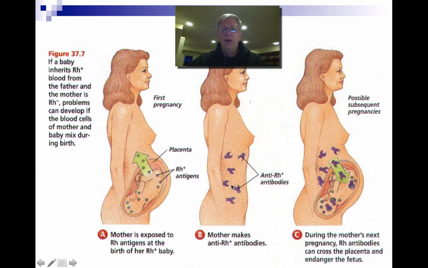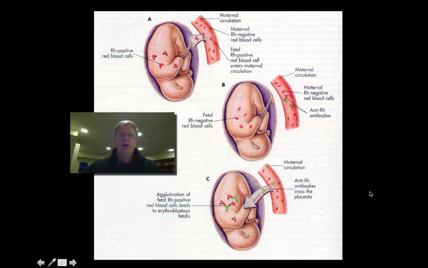But if she has a second baby that is Rh positive, now she has antibodies that will actually attack the baby. And this attack will occur during pregnancy and could actually kill the baby if the reaction is strong enough. So again, first baby that's Rh positive is going to be okay, but mom is going to develop antibodies after that.